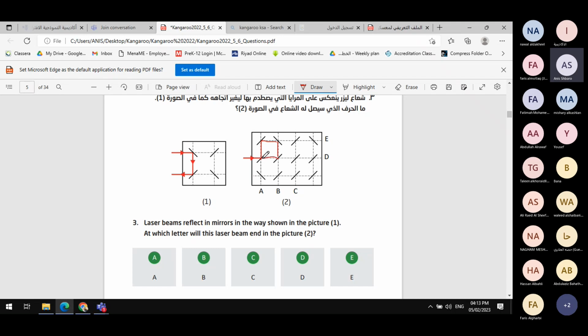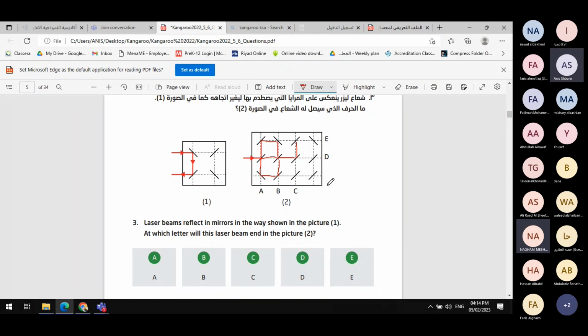Okay, great. And then that mirror is going to reflect on the one below it. Then on the one beside it. Then on the one above it. Then beside it. Then above it.